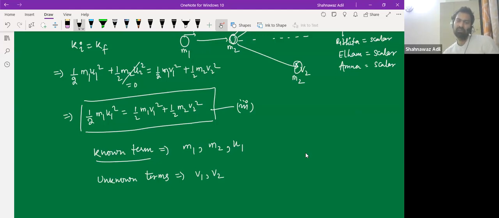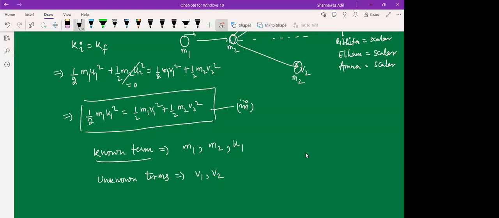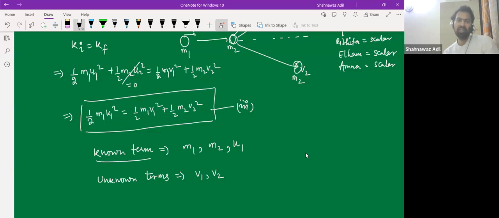Yes, cos theta, sin theta. You are nearly correct. So we have theta 1 and theta 2, right? So these are the unknown terms that we have.